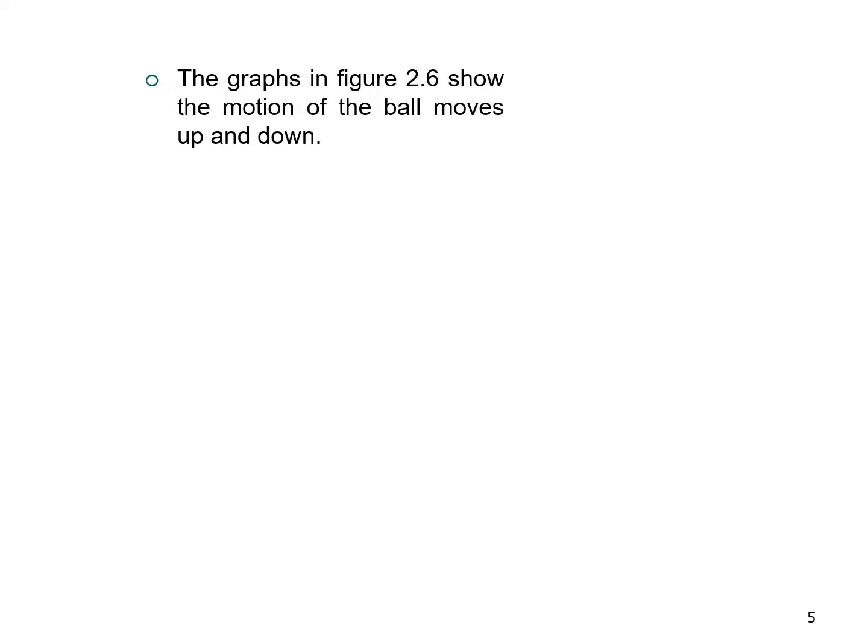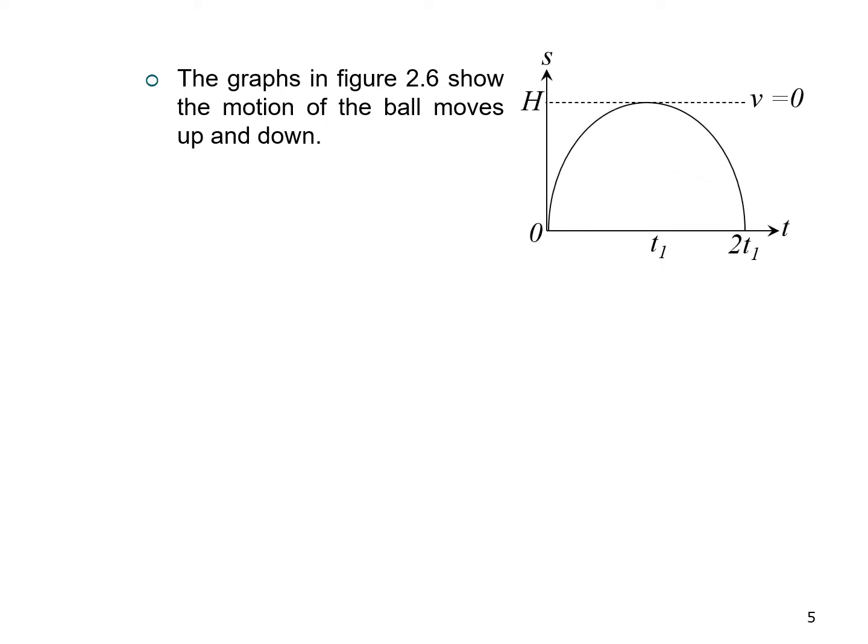For the motion, we can also put it in a graph. When the object moves upward, it will decelerate, so that means velocity decreases with time in the positive direction. Then it reaches maximum height, velocity becomes 0 and it changes direction, and the velocity increases with time.